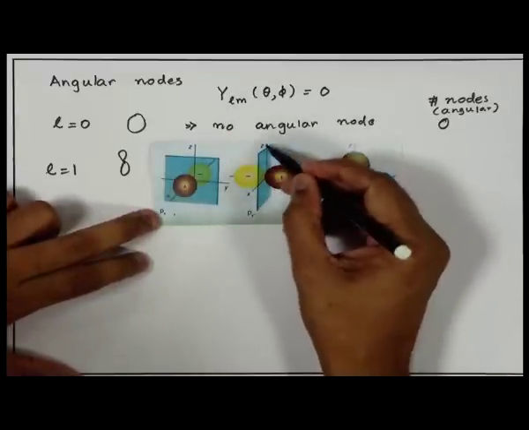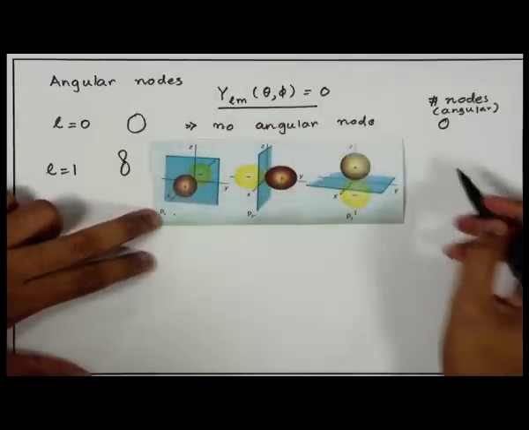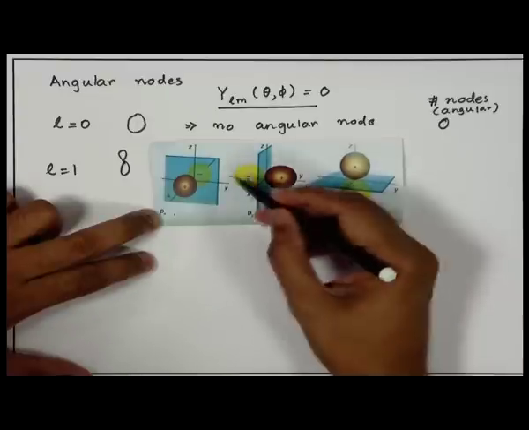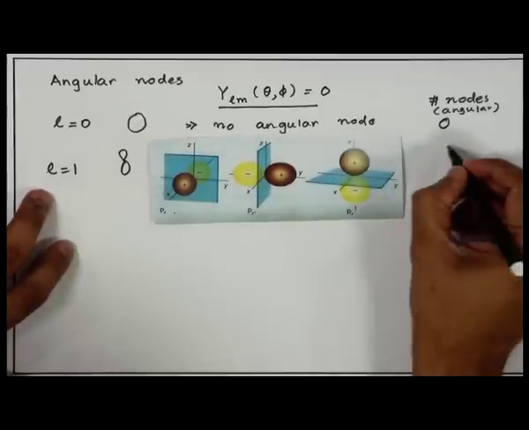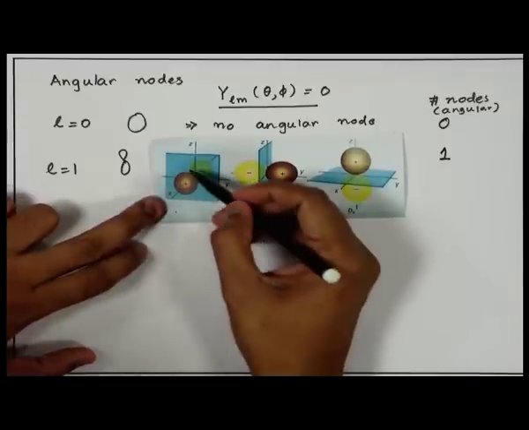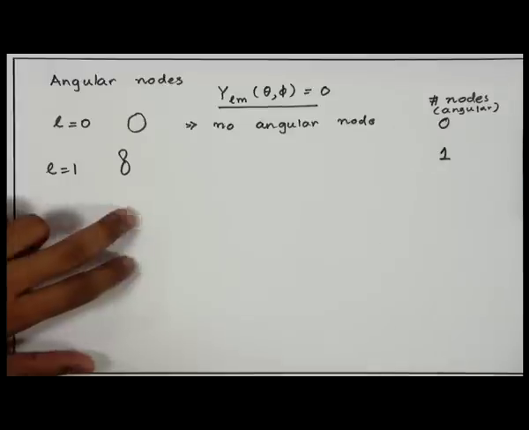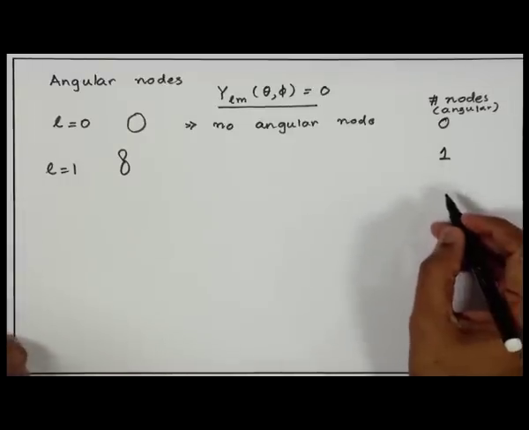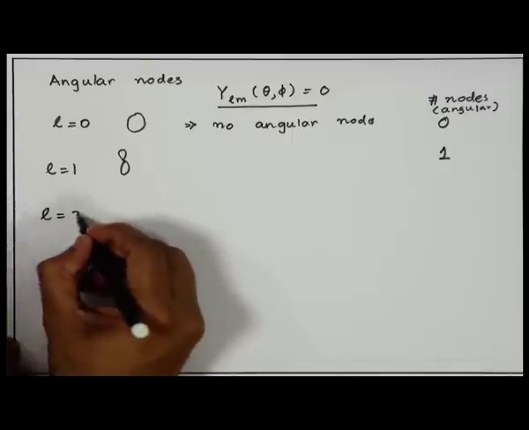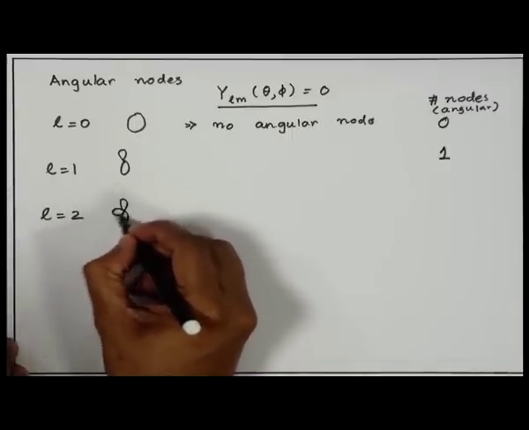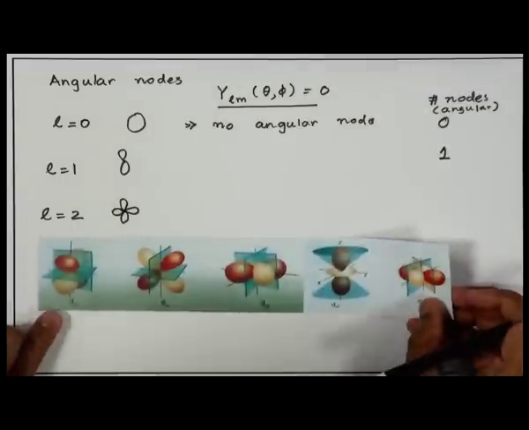In this plane, the Y L m, this part of the wave function, becomes 0, therefore, you see this node. So, the number of nodes for p orbitals is 1 in each case: for px there is one plane, for py there is another, for pz there is another. So, the number of angular nodes is 1 for p orbitals. When L is 2, we know the shape is a double dumbbell, and I can show you another figure.